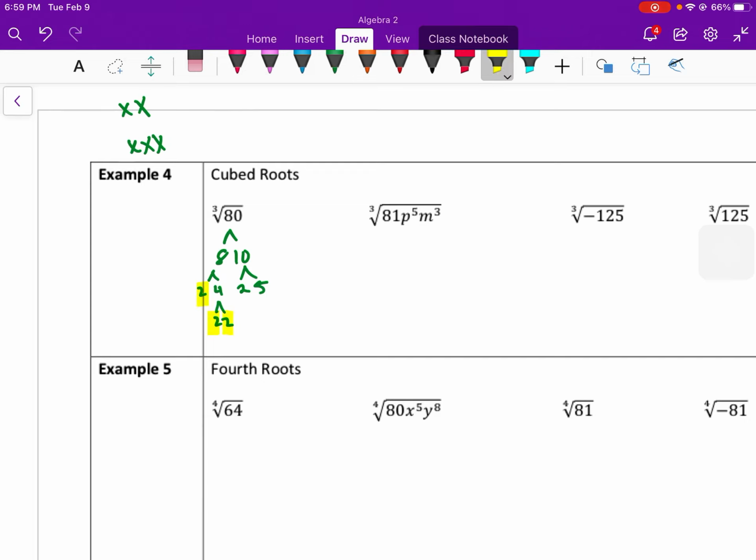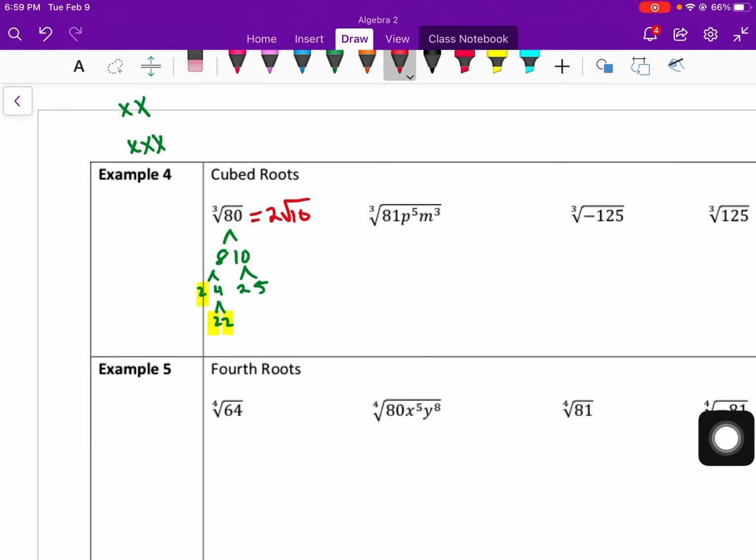Okay, so it looks like we have 3 factors of 2 here, so we can pull out a 2, and then we have a 2 and a 5, so those will remain. So we have 2 radical 10, because we could pull out 3 factors of 2.